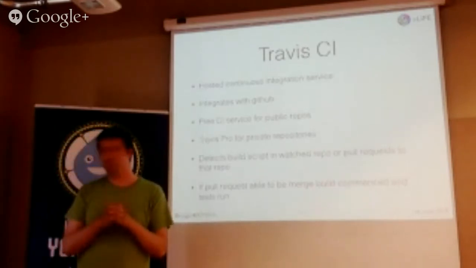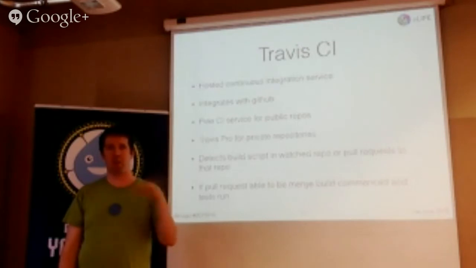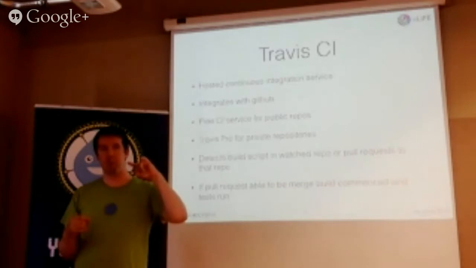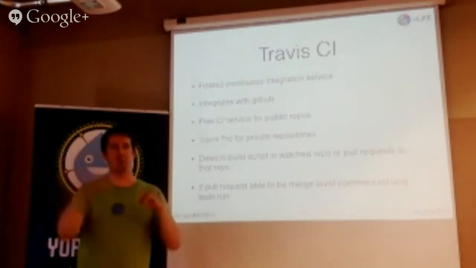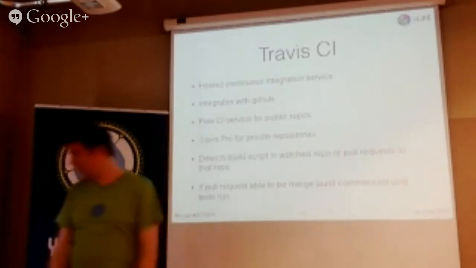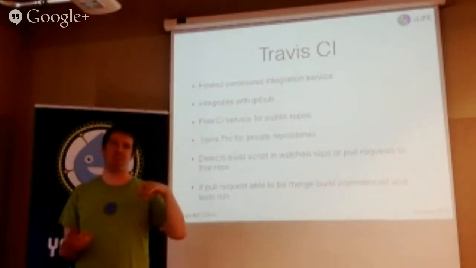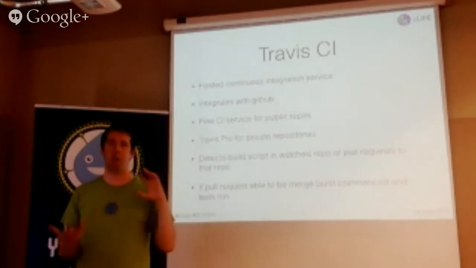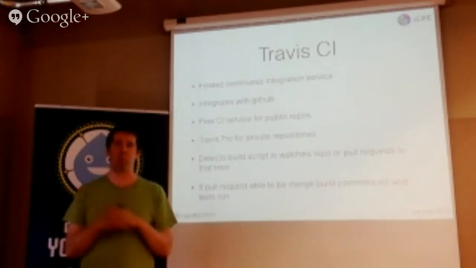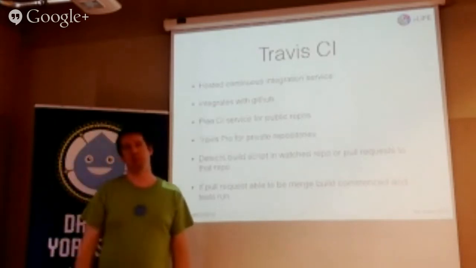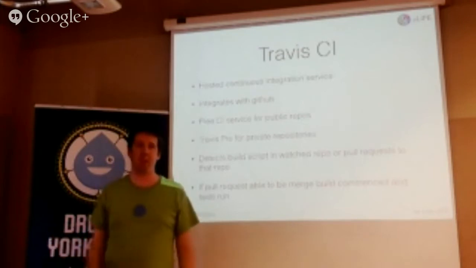It detects build scripts, which is a file called .travis.yml in the root of the repo, or of the main project, or of pull requests as they're coming in. So if the pull request is able to be merged, so if they've rebased, then that shouldn't be a problem. But occasionally they won't merge automatically. But if it does merge automatically, it will trigger a build because it's capable of doing it. Otherwise, it'll send it back and say, please resolve these conflicts, probably by doing a rebase.